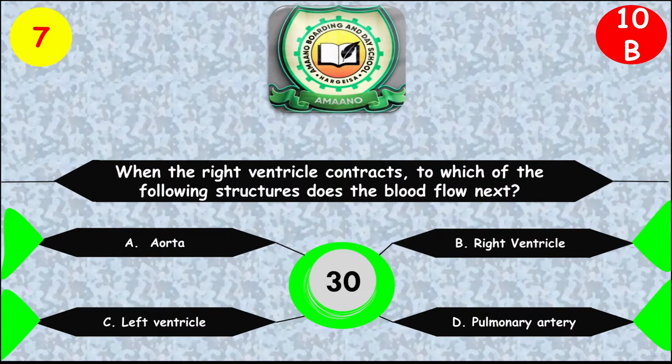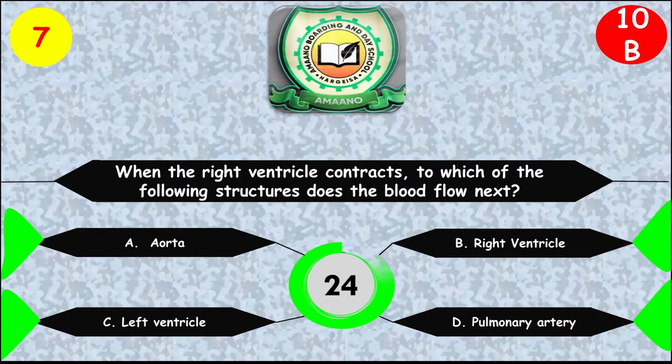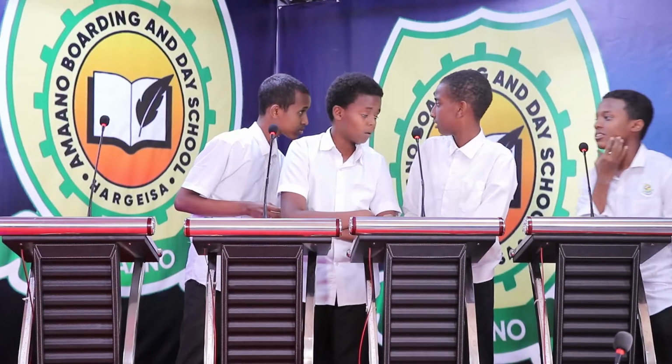Biology question. When the right ventricle contracts, to which of the following structures does the blood flow next? Aorta, right ventricle, left ventricle, pulmonary artery.